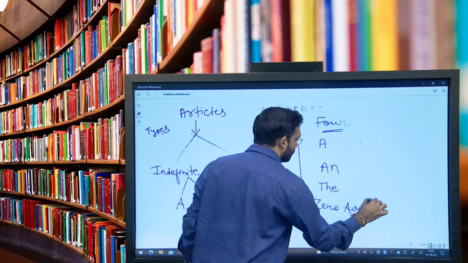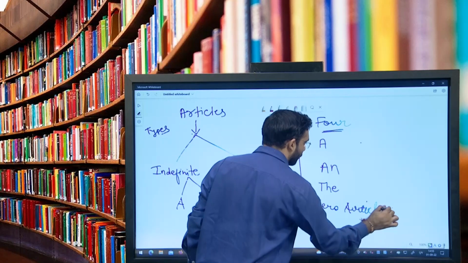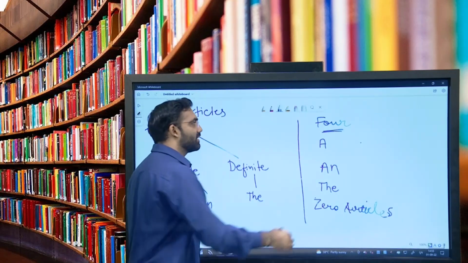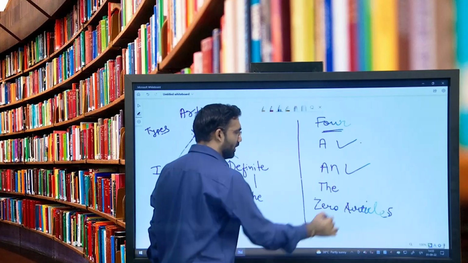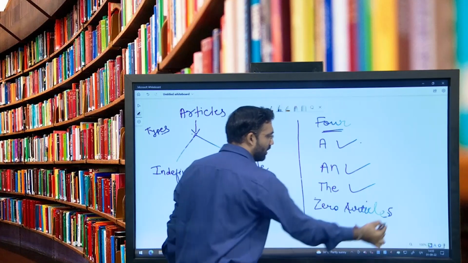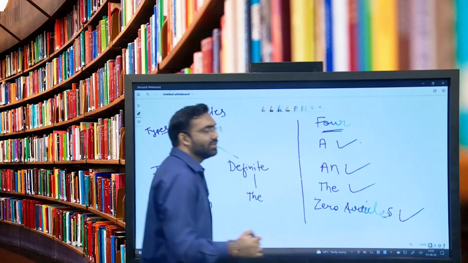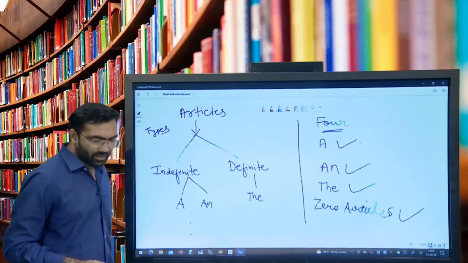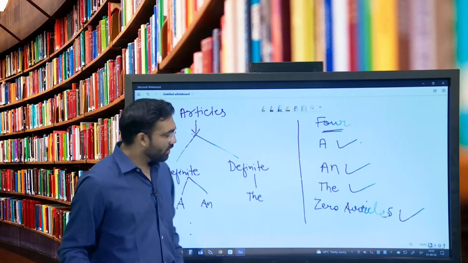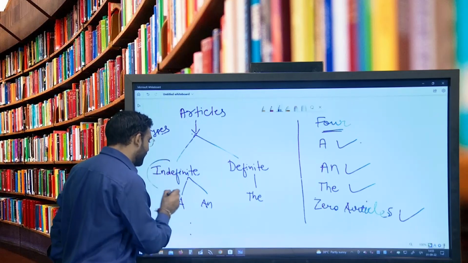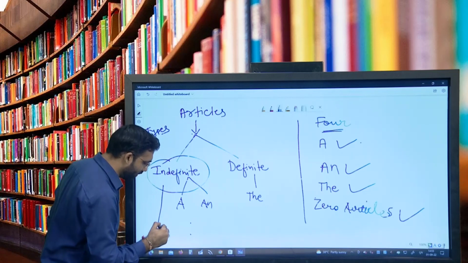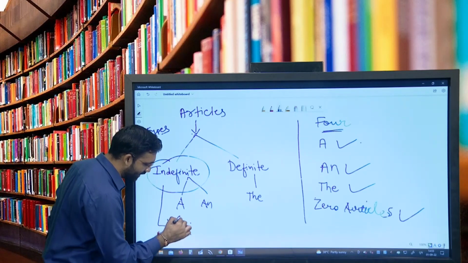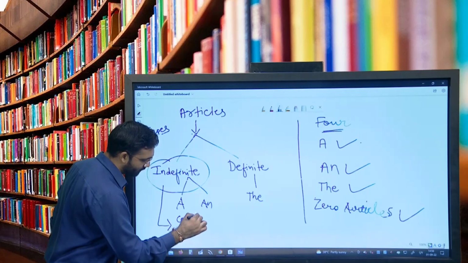We will learn all four of them: when to use article a, when to use article an, when to use article the, and when to use zero article. Now when we talk about indefinite articles, they are used before three conditions.